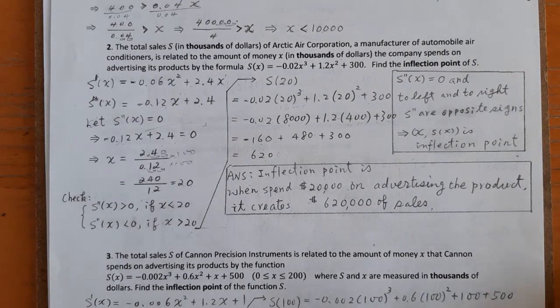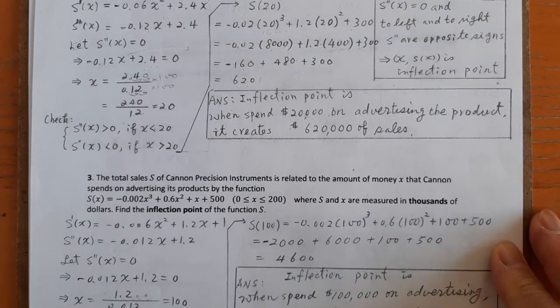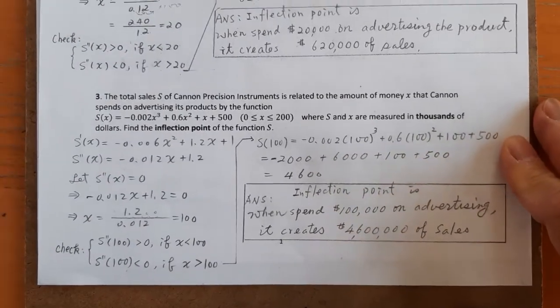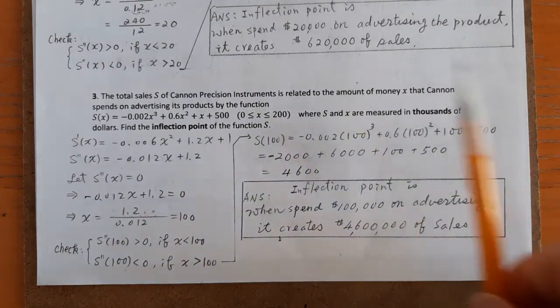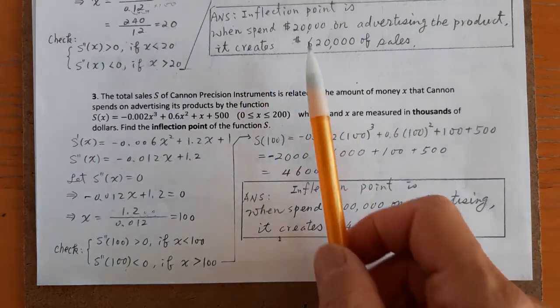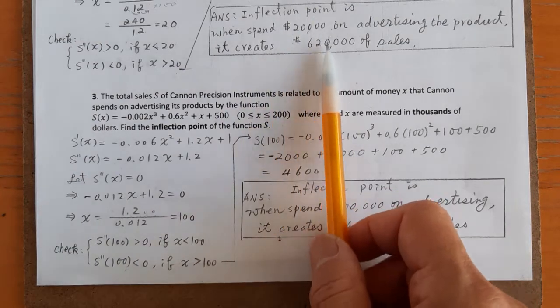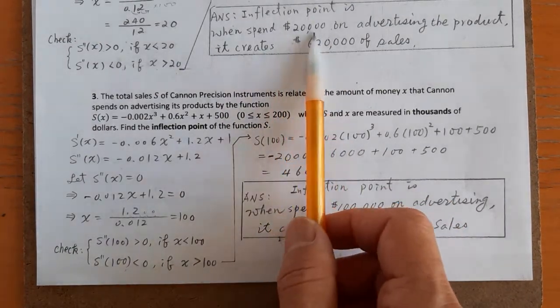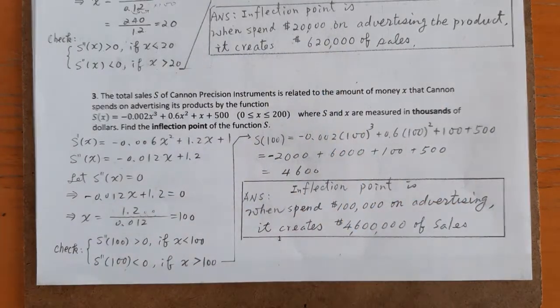Finally, you have to explain it and put the answer in real-world words. It's not just math, not just saying numbers. You have to put down the units and the meaning for each number: 20,000 is for the advertising fee, and 620,000 is for sales.